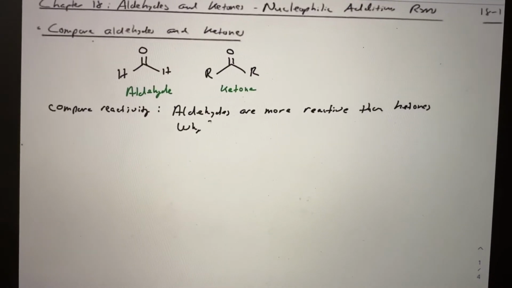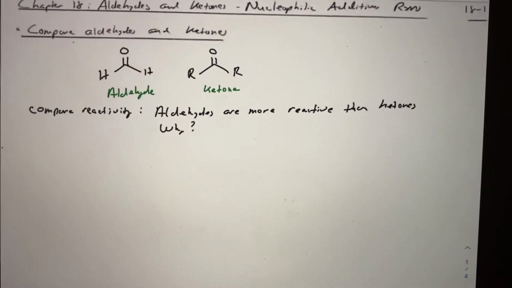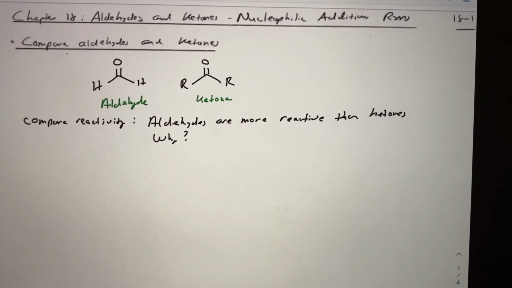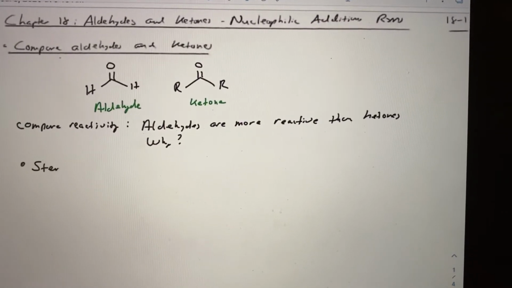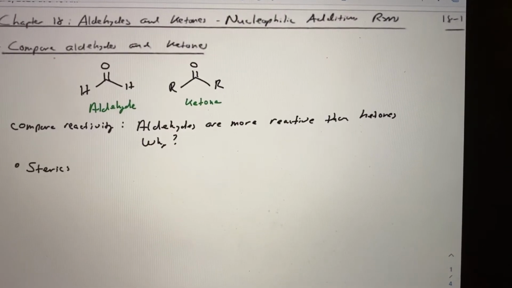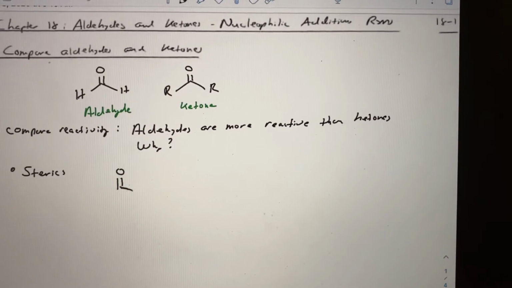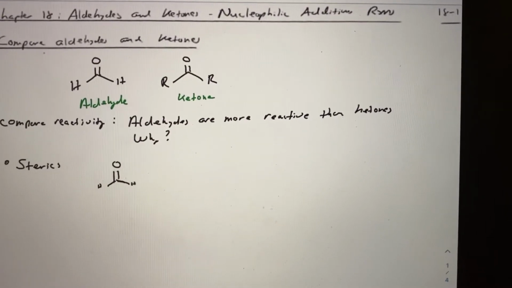So then what we always want to be asking is, well, why is that? What could be a reason or reasons that we see that aldehydes are more reactive than ketones? And there's really two things that we could consider, probably. It's maybe more complicated. But one, let's consider sterics. So we can look at our aldehyde here that has these, I'm going to try to exaggerate, two little hydrogens there.